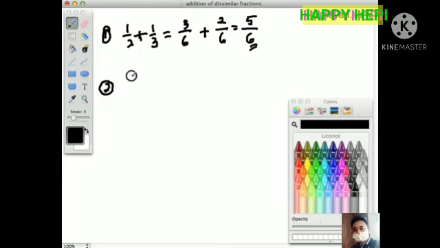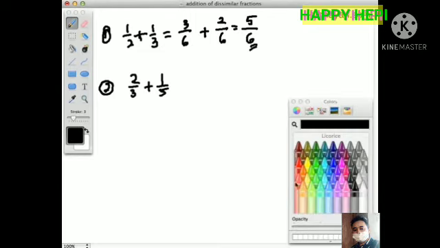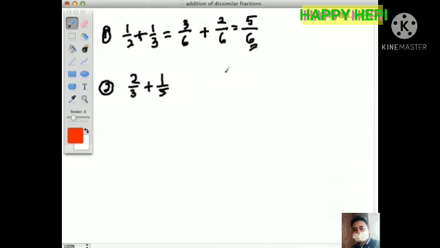So what is 2/3 plus 1/5? Okay, what we will do again is to calculate the least common multiple of 3 and 5. For 3, we have 3, 6, 9, 12, 15, 18, 21, and so on.